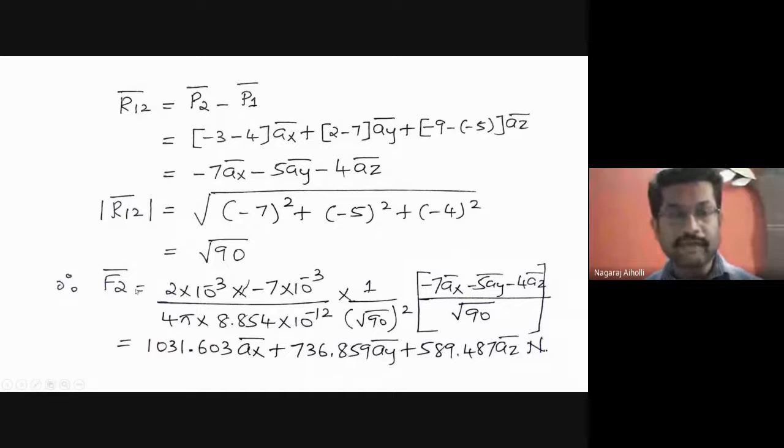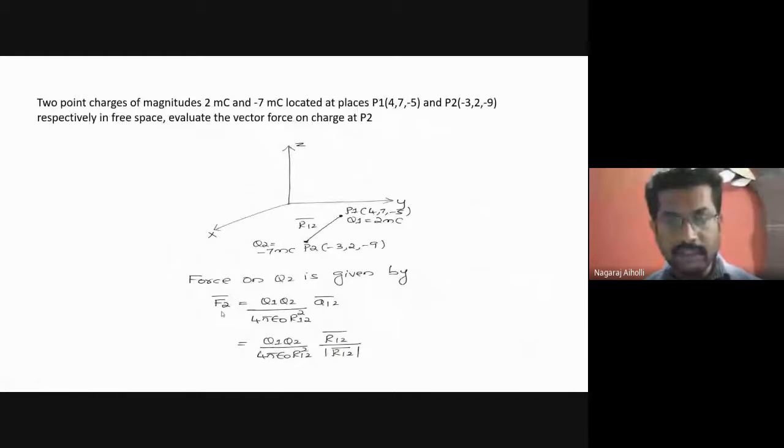Later, find F2 bar, the force. How will you find the force? The formula is F2 equals Q1 Q2 divided by 4 pi epsilon naught R12 square, into the unit vector A12 bar. Yes or no? Q1 is 2 millicoulomb. Q2 is minus 7 millicoulomb. So just substitute these values, divided by 4 pi epsilon naught. Epsilon naught is 8.854 into 10 to the minus 12.